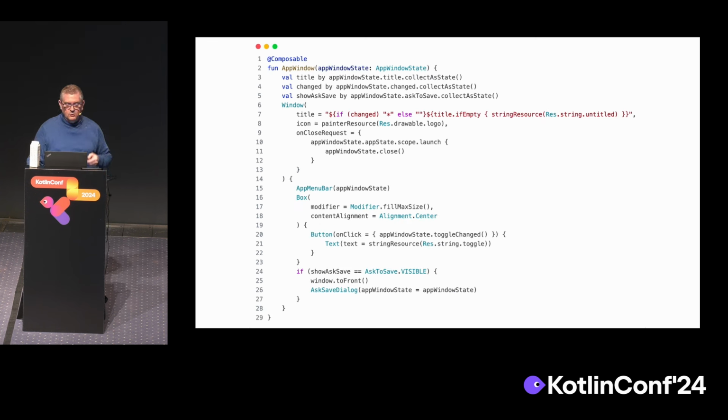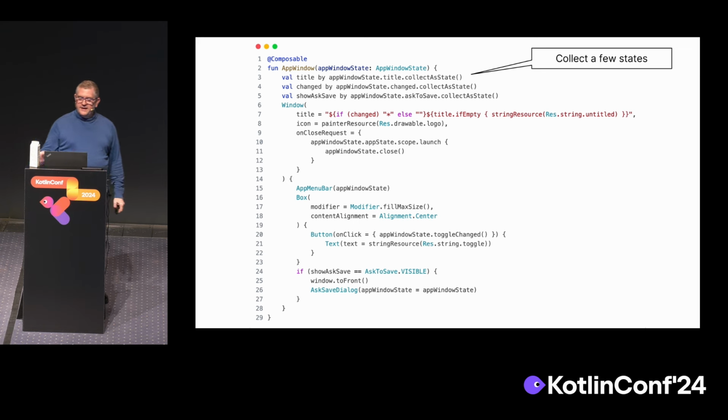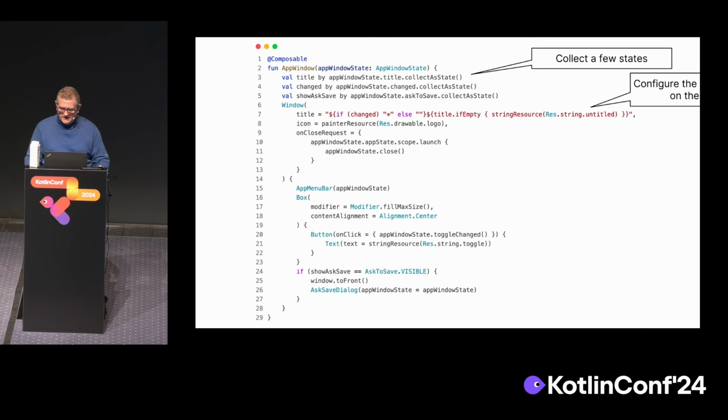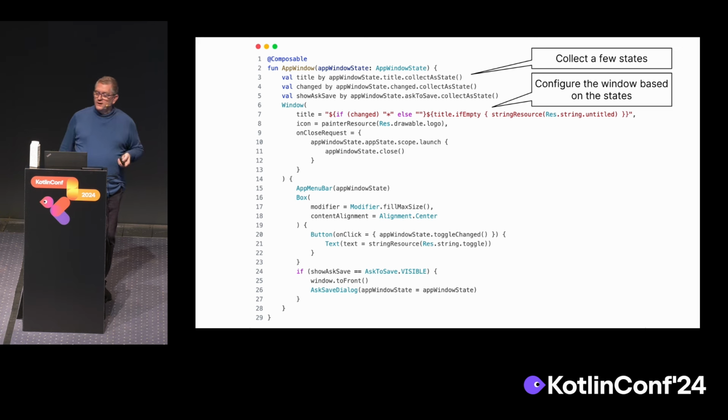But before, let's look at the application window composable. As you can see, it gets an AppWindowState, and then it collects a couple of states. We configure the window based on that state.